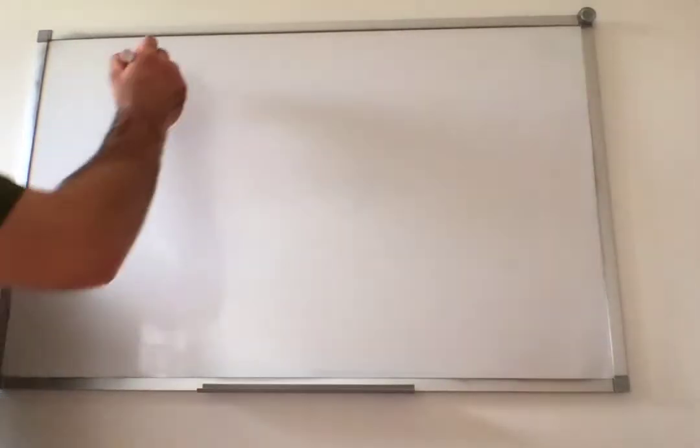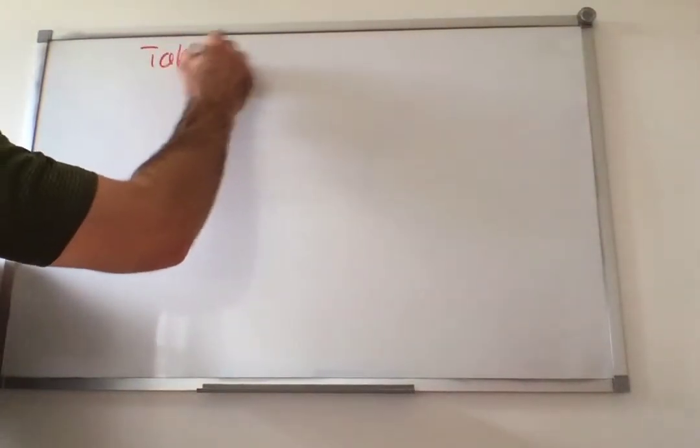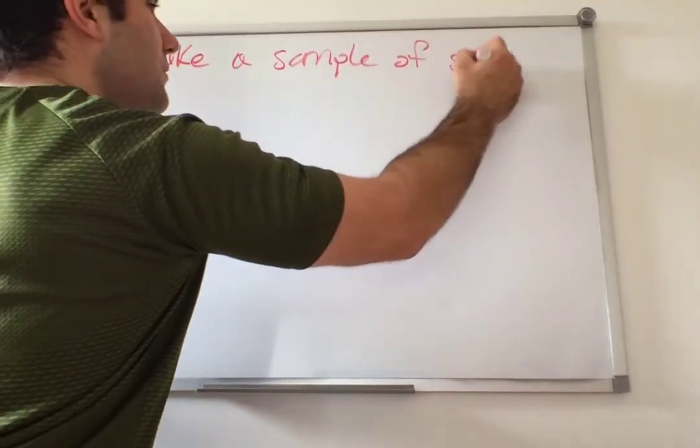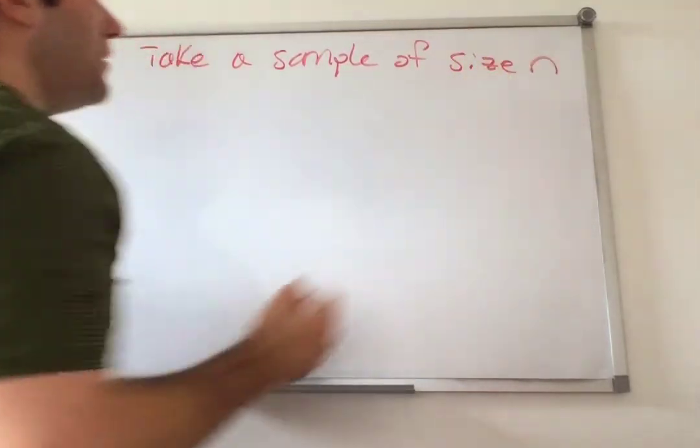You've heard me use this example before in the past. What if we wanted to know the average age of CLC students? Okay? Now, I have no idea what the average age of CLC students is. However, what I can do is take a sample of size n, okay?